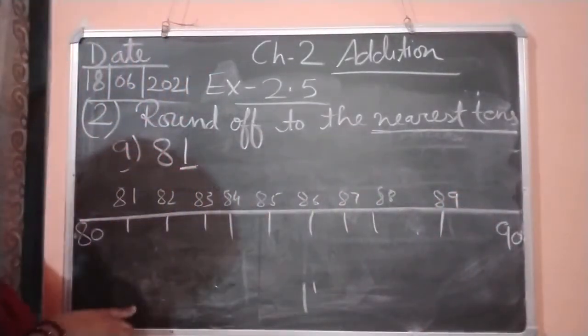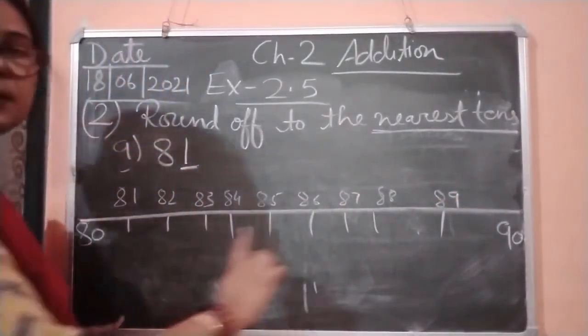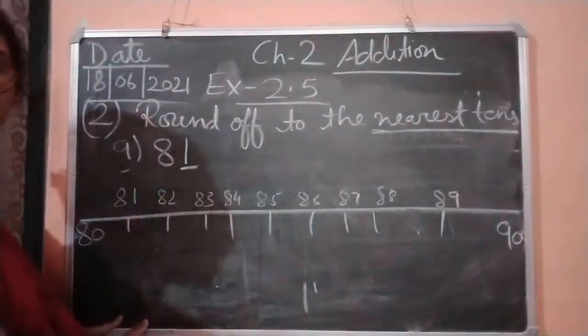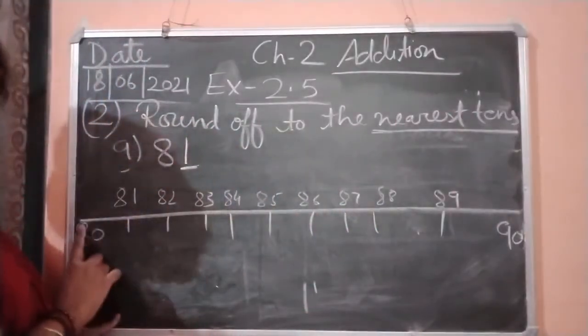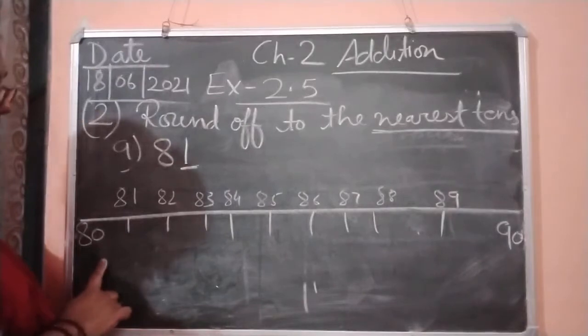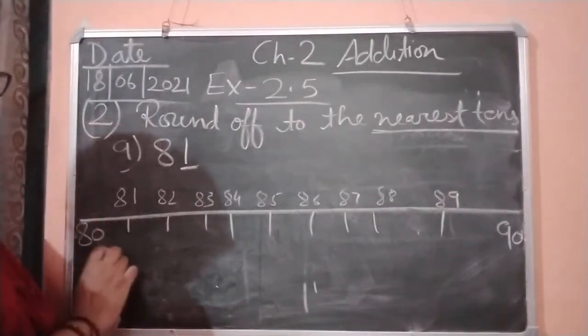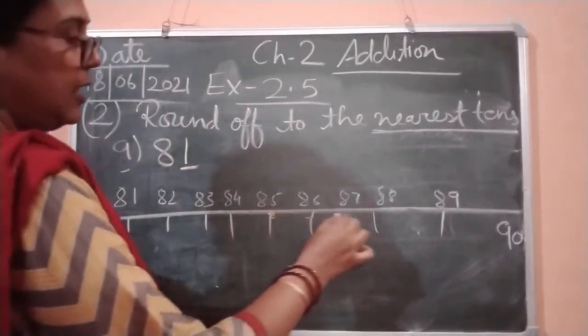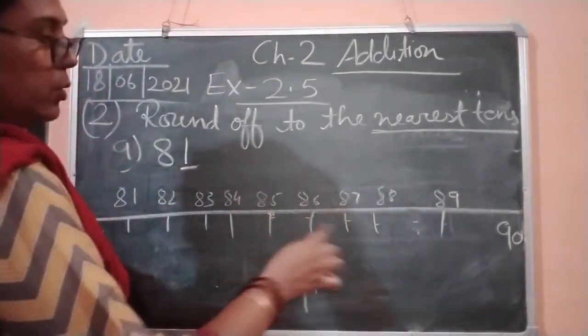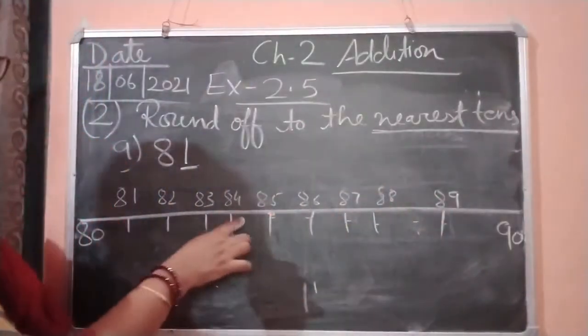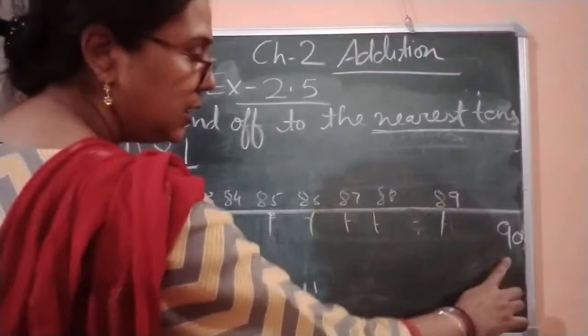Now what you can see in this line, it is very near to the 80s. This is 81 only. And after 85 the strong numbers are going to start, so it is not coming near to the 90.